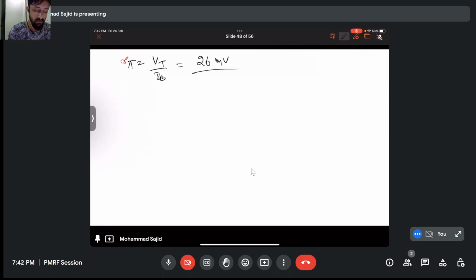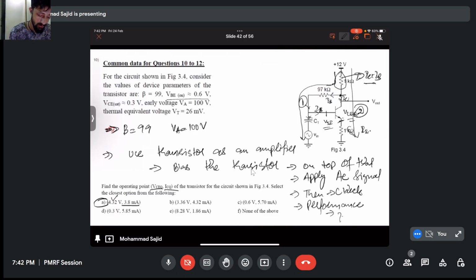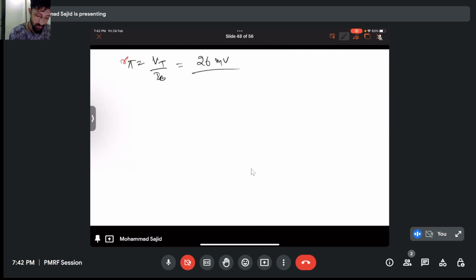What's the value of Ib? Ib is not given to us. IC is given to us as 3.8. We calculated IB: beta is IC by IB, so IB will be simply equal to IC by beta, right?